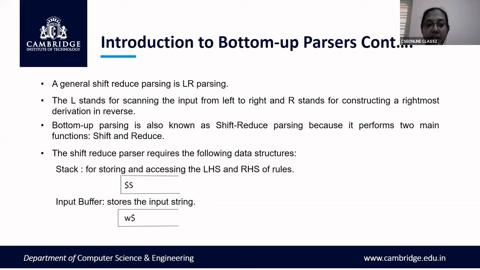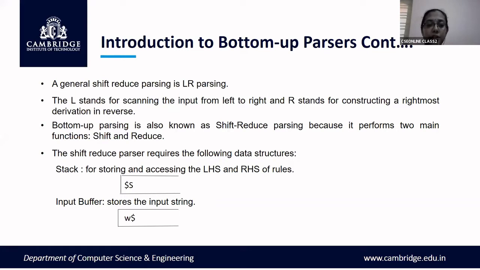So a shift-reduce parser uses 2 different data structures: the stack and the input buffer. Stack is required for storing and accessing the production rules. The input buffer is used for storing the input string, the string that you want to parse.